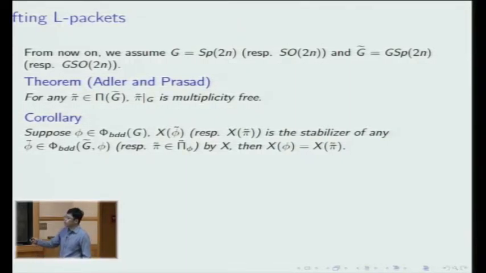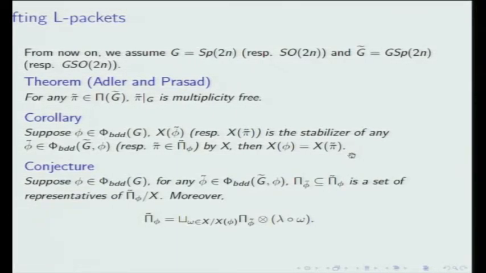So motivated by this corollary and the previous conjecture, it's not hard to imagine that the packet for G tilde in this case should just be a set of representatives of the big set that we built in the previous slide, mod out X. And once you choose such a set of representatives, then by this corollary, you can span all the elements in this set just by twisting by omega, and again it should be omega composed with lambda.